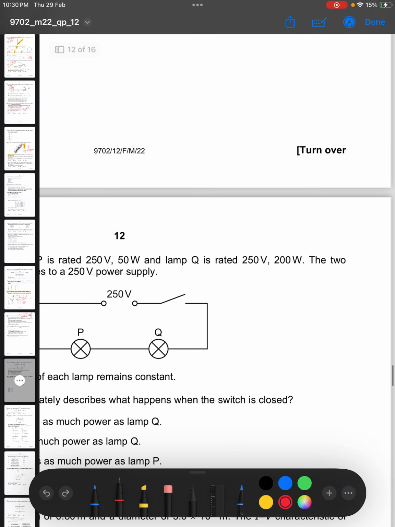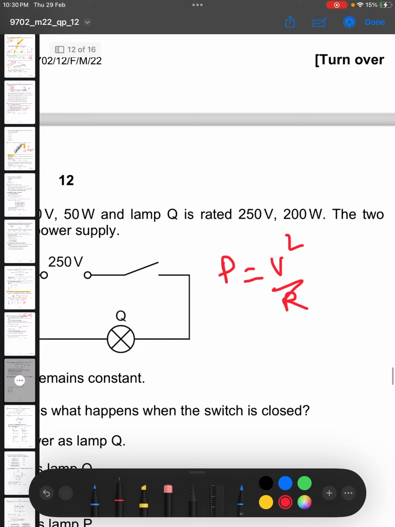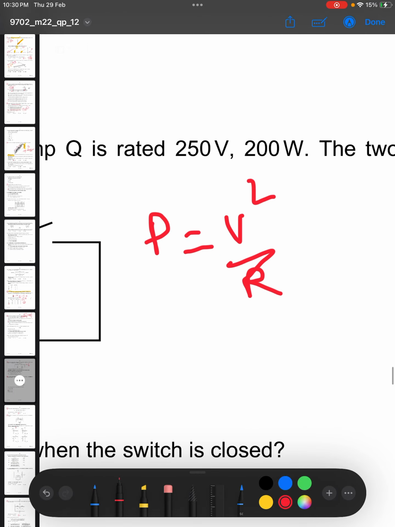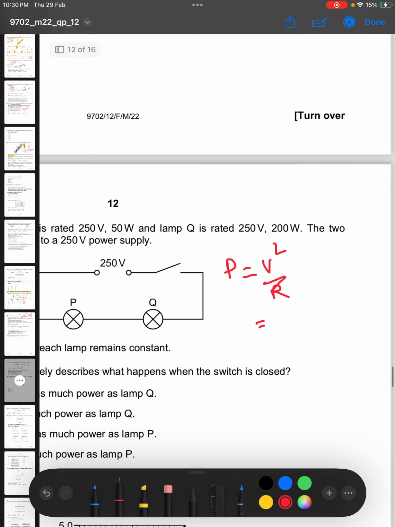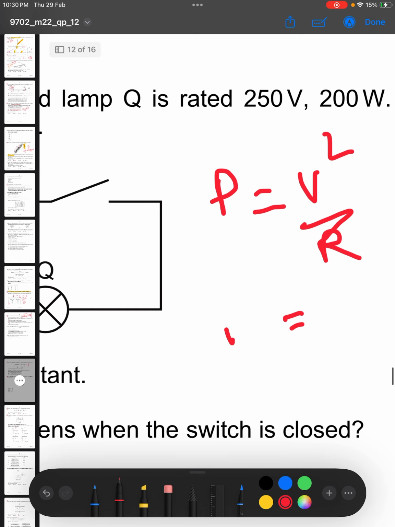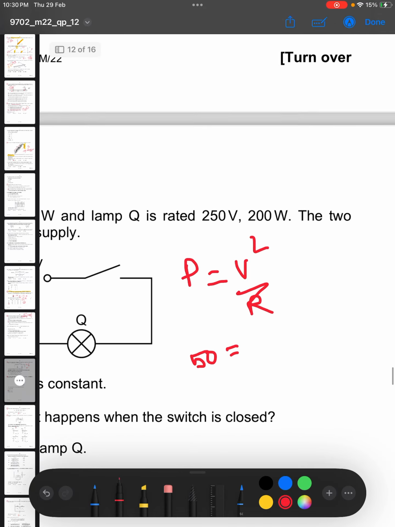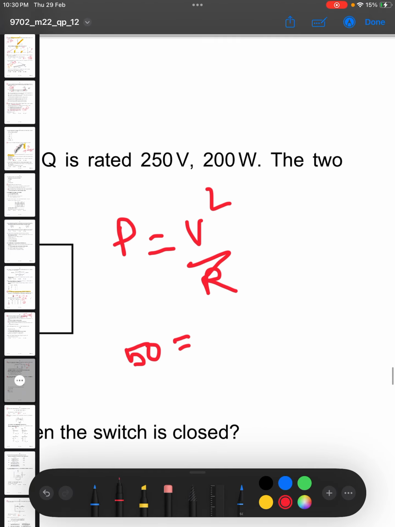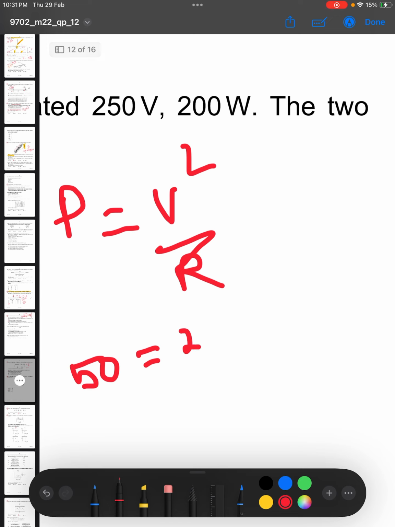So we know that power is equal to V squared over R. The power of P is 50, and that's the normal power when there's a voltage of 250 volts. So when there's a voltage of 250 volts, the power is 50.